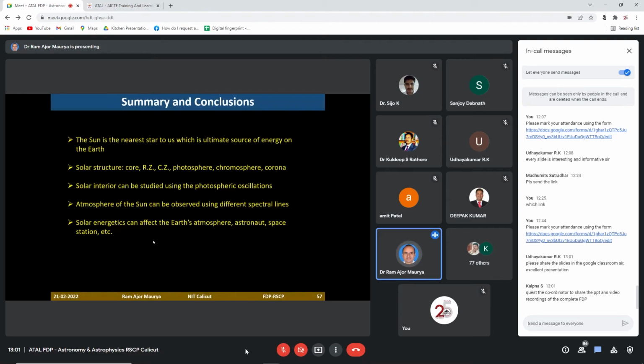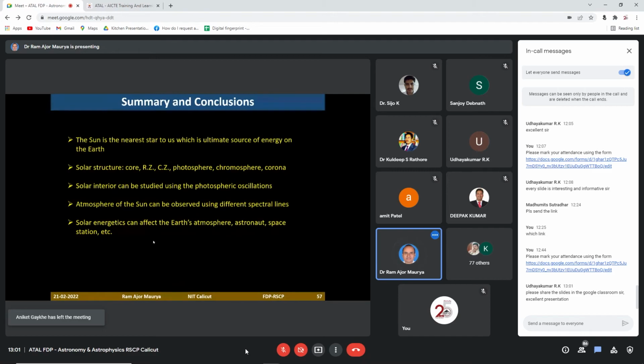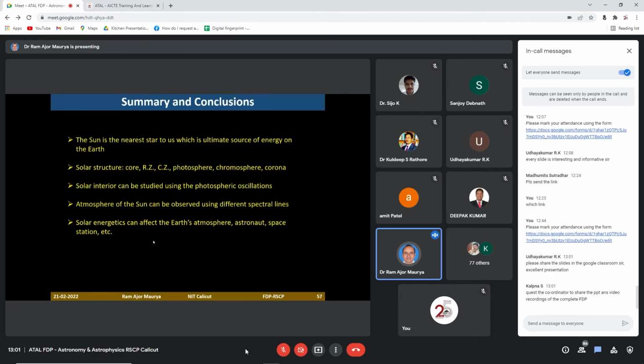When those particles interact with the Earth's atmospheric particles, we have the beautiful feature called the aurora borealis. This is the summary of my talk.